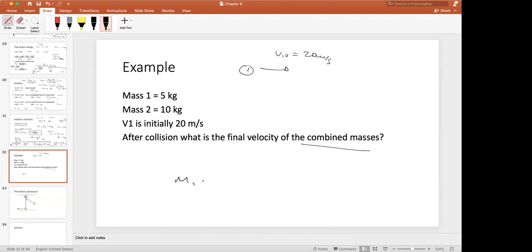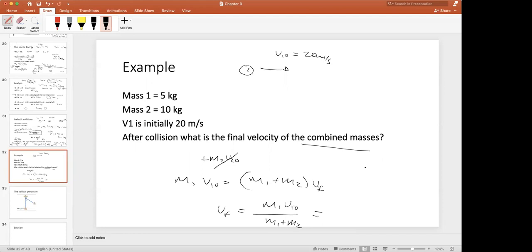So we have m1 times v1 initial is m1 plus m2 times v final, plus m2 v2 initial, but v2 initial is 0 because we're always going to assume in these collisions that m2 is at rest unless we're told otherwise. So our final velocity is simply m1 v1 initial over m1 plus m2.